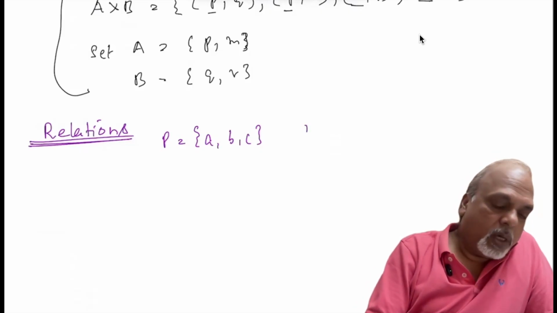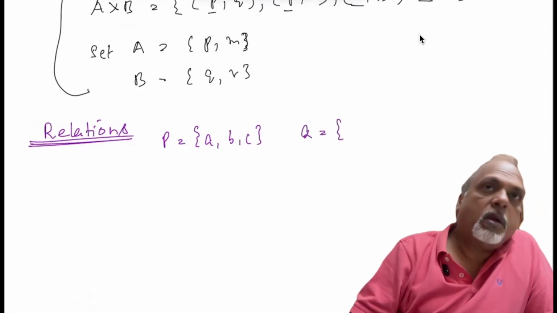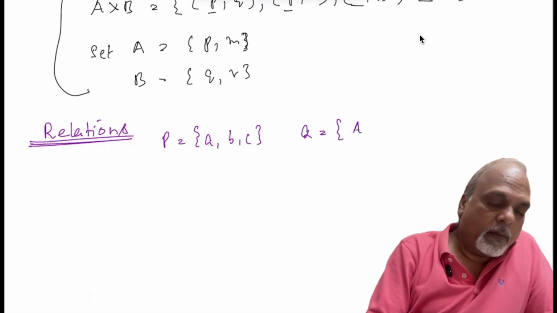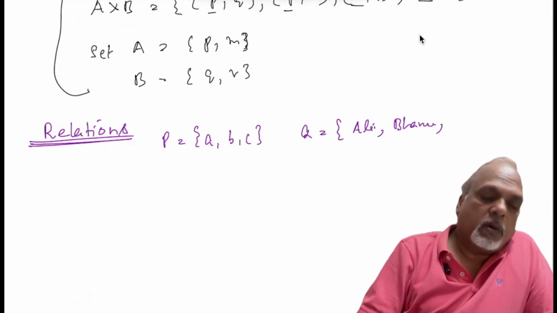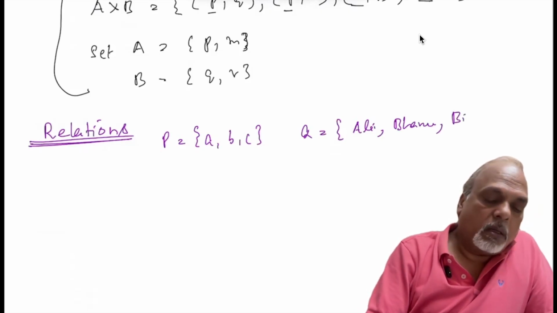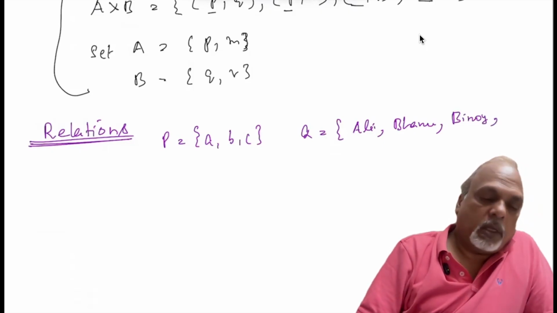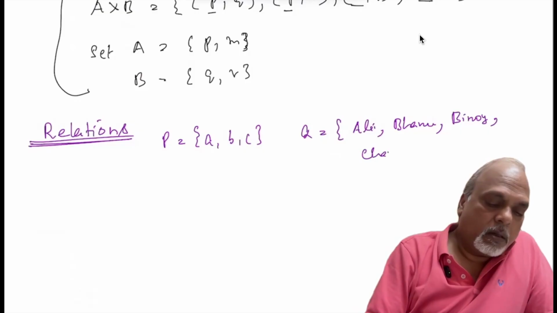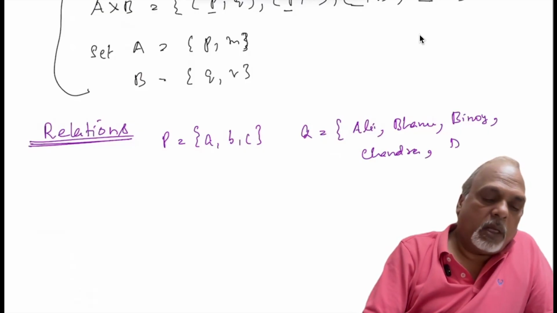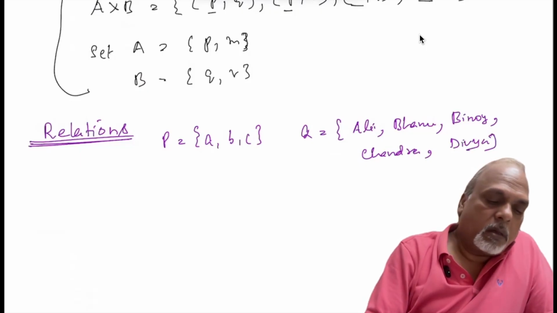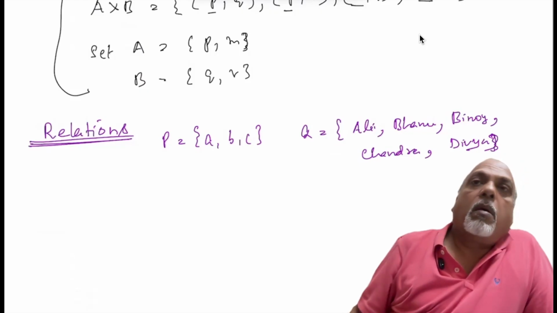And suppose Q is this: Ali, Bhanu, Binoy, Chandra, Divya. These are the names of persons.